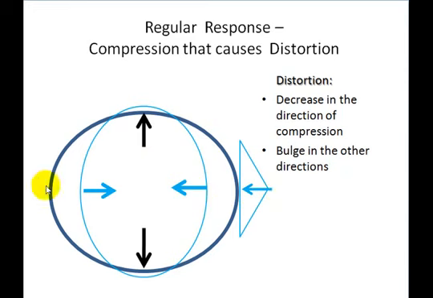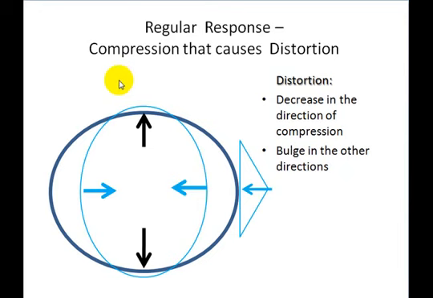If I'm now delivering the compression from across, now we're having the bulge that comes along. So if this was a left to right loading, then top, bottom, or front, back actually respond with bulging. So this is the response which is typical, regular, say normal, the one which you'll experience with any kind of inanimate objects, and that's what you're going to get most of the time.